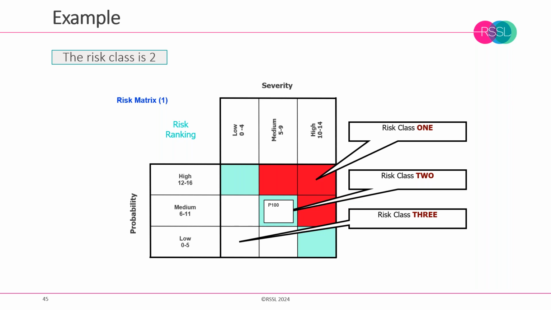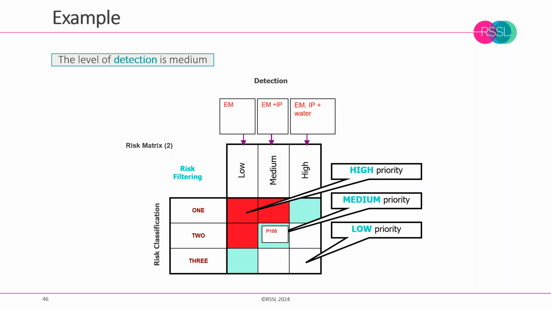Knowing that it's risk class 2 and a medium level of detection gives us what we need when we move over to the second risk filter.